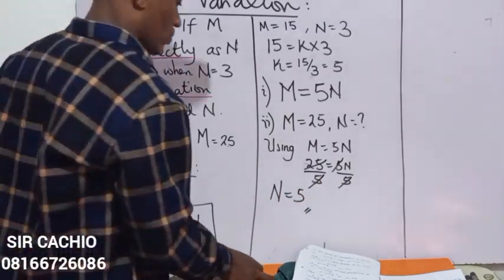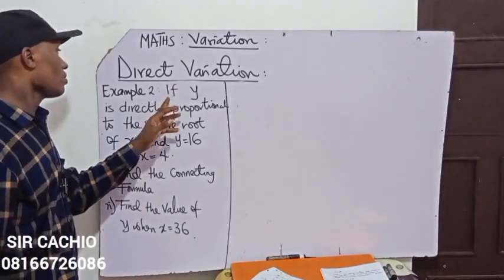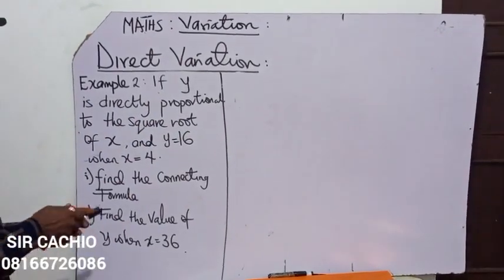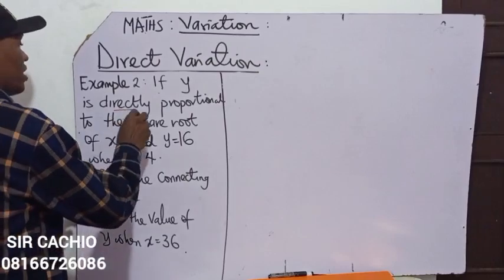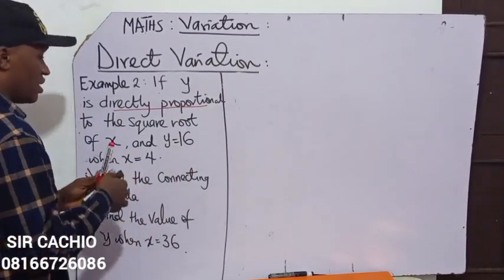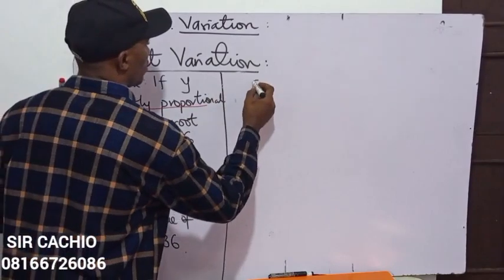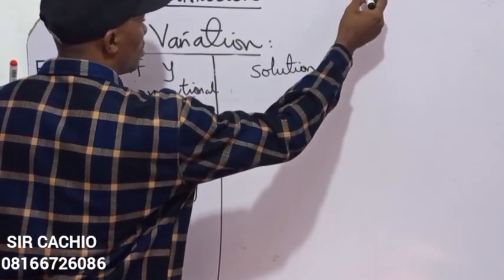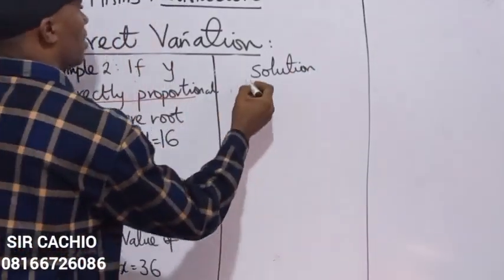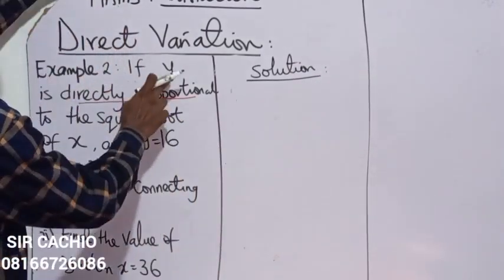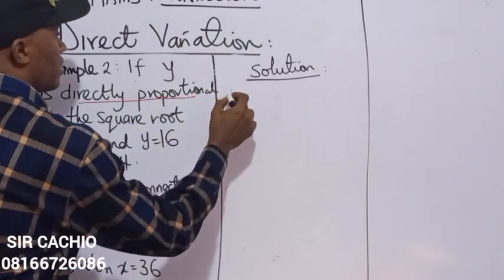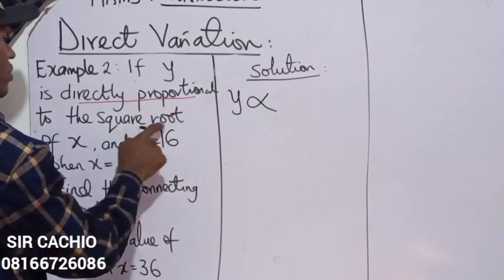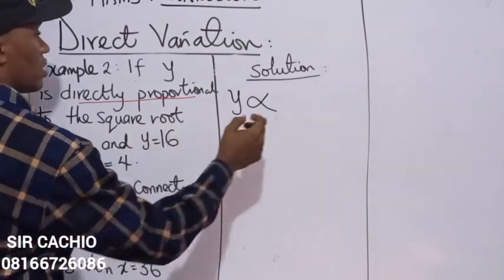Let's see example 2. The question is, if y is directly proportional to the square root of x.